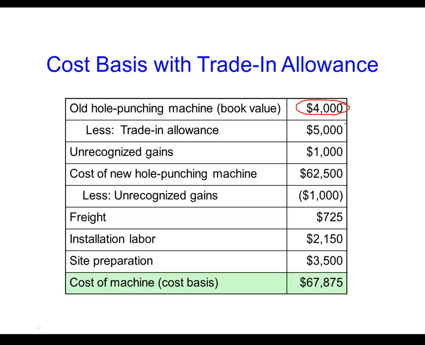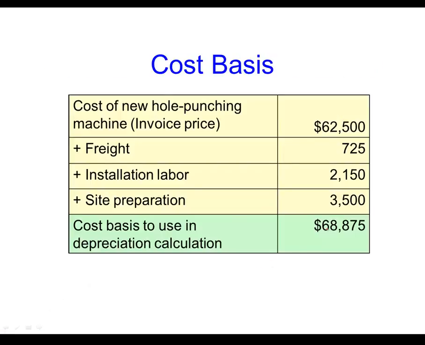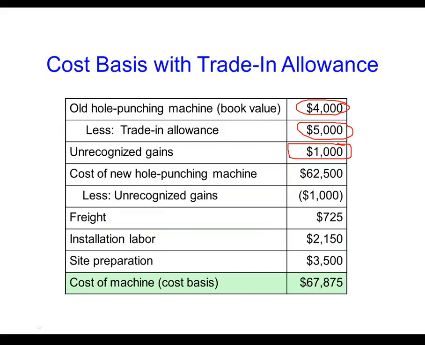This is what you expected, this is what you traded in, and the difference, which is 1,000, was unrecognized gain. You did not expect that to come. That's why we need to subtract that from the total, and instead of having the $68,875, we got the $67,875.